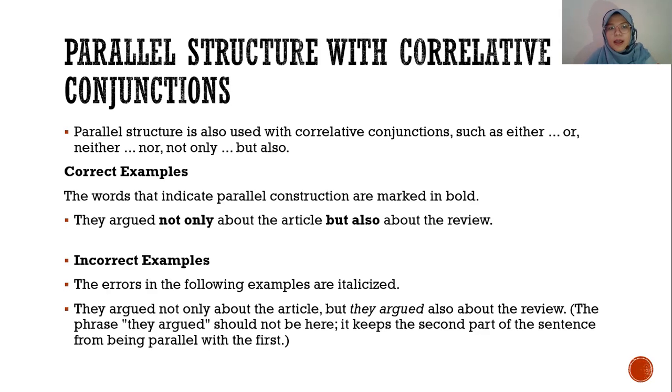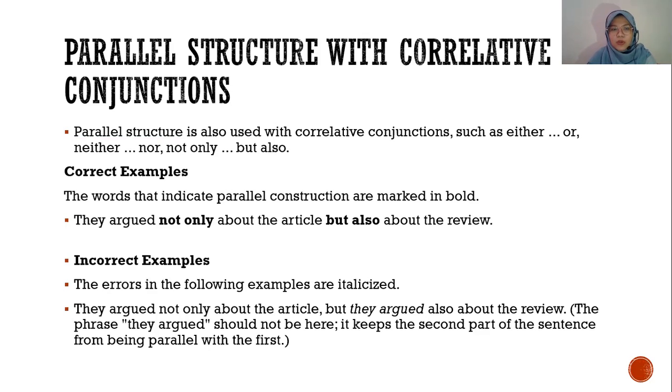The words that indicate parallel construction are marked in bold as usual. They argued not only about the article but also about the review. So not only, but also is a pair of conjunctions. You could not separate these two or change the arrangement. The arrangement is fixed for not only and but also.